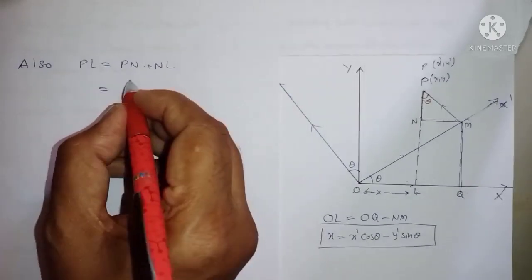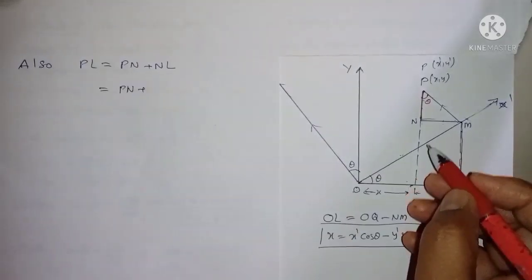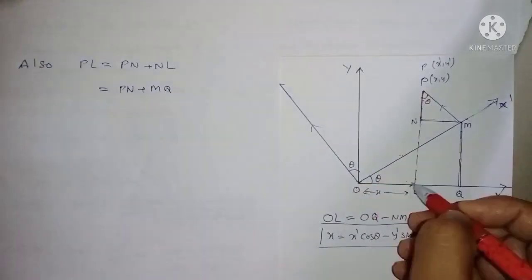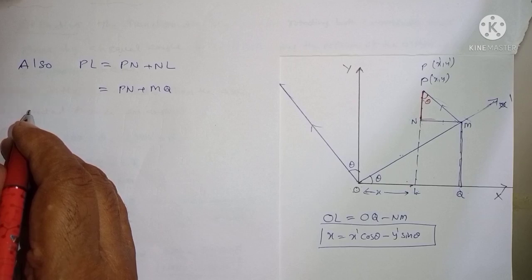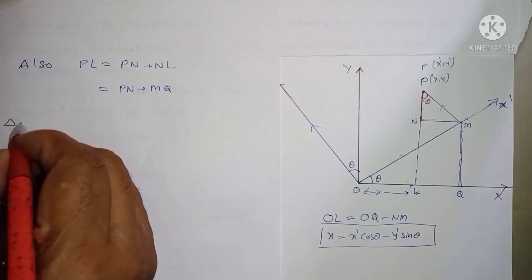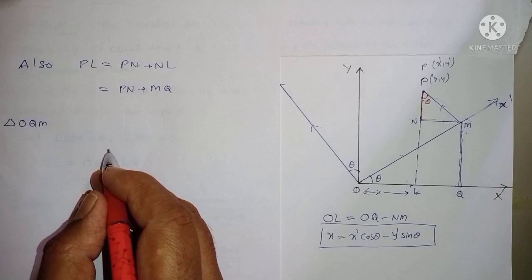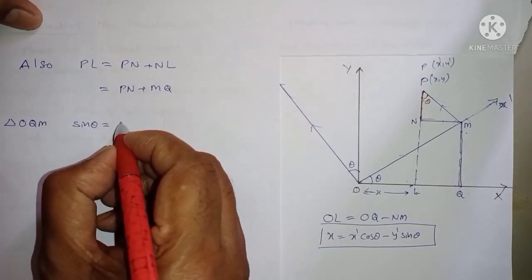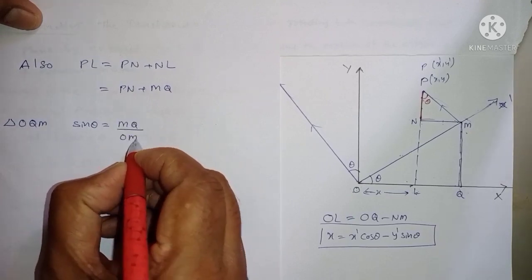But PN as is, NL is nothing but MQ. Okay, this is MQ. NL is nothing but MQ. Again you can take the two triangles same as this. In triangle OQM, you can take sin theta. Sin theta is equal to MQ by OM.